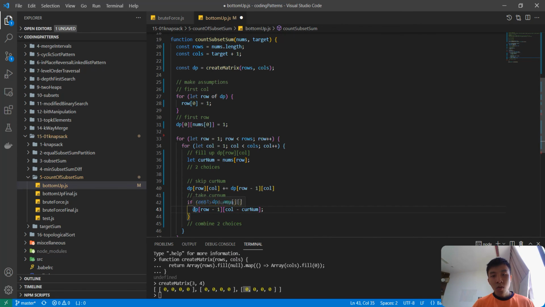I will add up these two. So it's like we are combining the result of two cases, either when we skip the current number or we take the current number here.